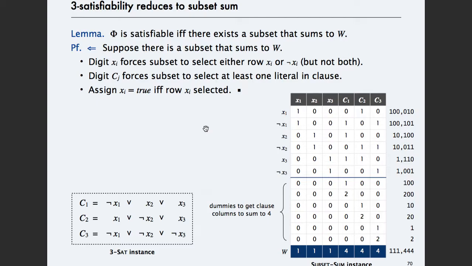So if this number was chosen, 10010, the first number, then that means x1 is true. And I can only choose one of them because my target is 1, and I have to choose one of them. So for every variable, I will have an assignment to either true or false. Does this idea make sense?